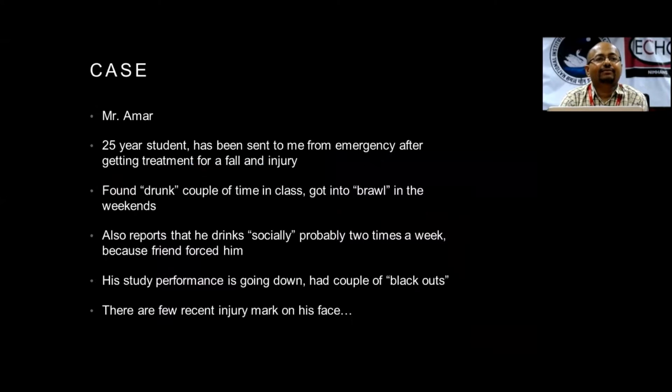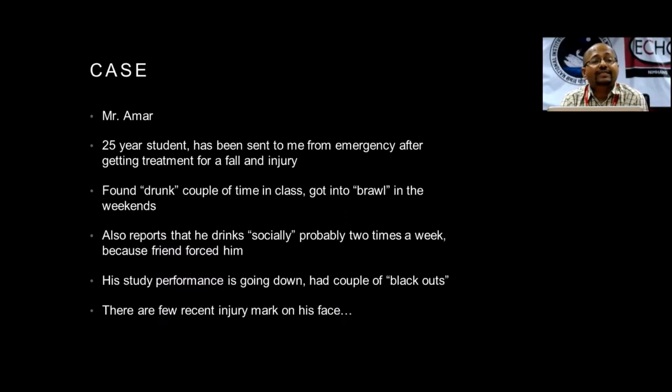I'll start with a very interesting case which I saw yesterday in the OPD, and one of my residents brought this case to me. Mr. Amar, I've changed the name. He's a 25-year-old student who has been sent to me from the neurosurgery emergency after getting treatment for a fall and injury. There are a couple of injury marks on his face. He was found drunk a couple of times in class, got into brawls on the weekends, and reports that he drinks socially, once or twice a week, because a friend forces him.